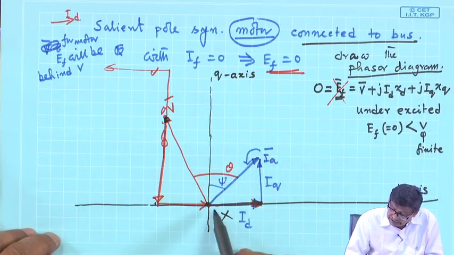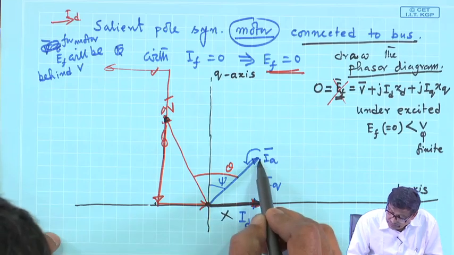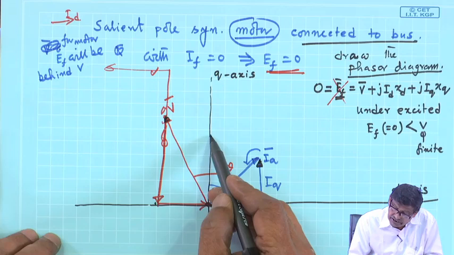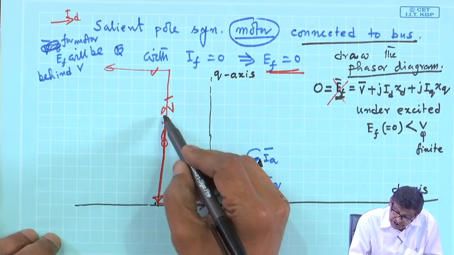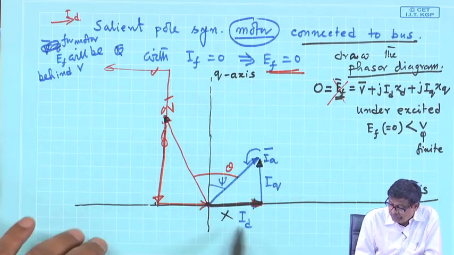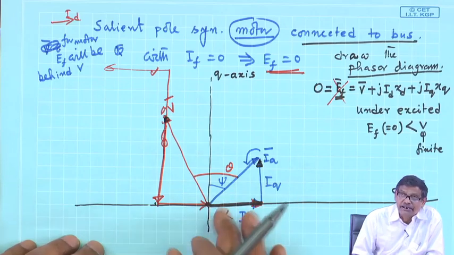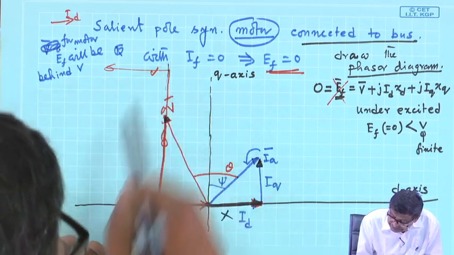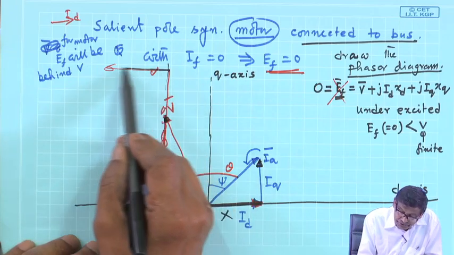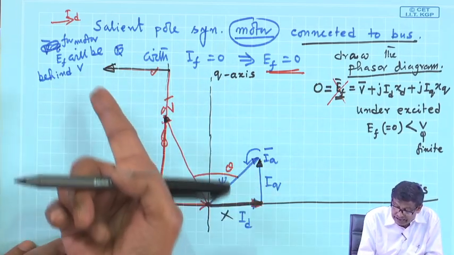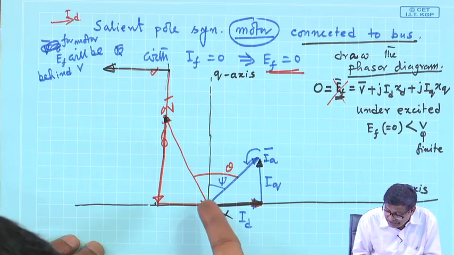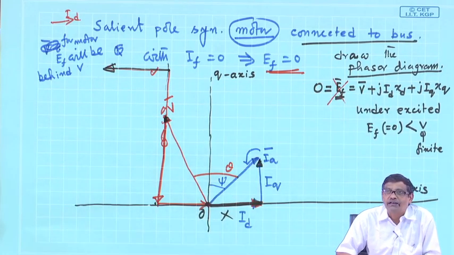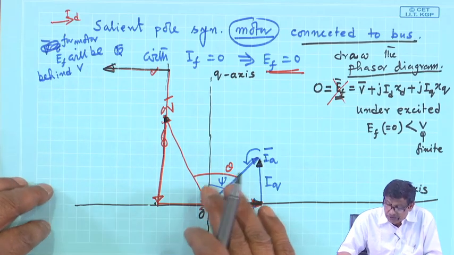If you draw like that, then your ID and IQ become this way, and your V has to be ahead of EF. Then J ID XD will go like this, and J IQ XQ will go like this, and this point must be at the origin, so that your EF is 0, and that is violated. The situation cannot be like this.